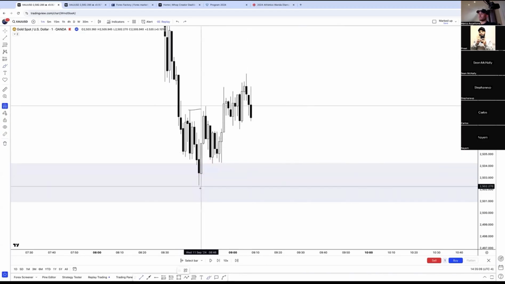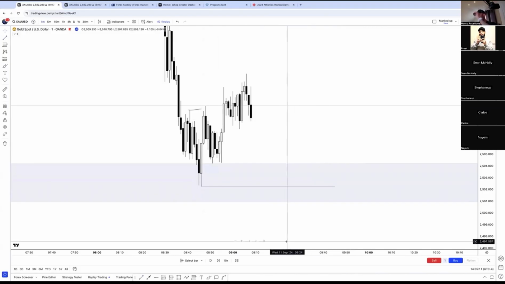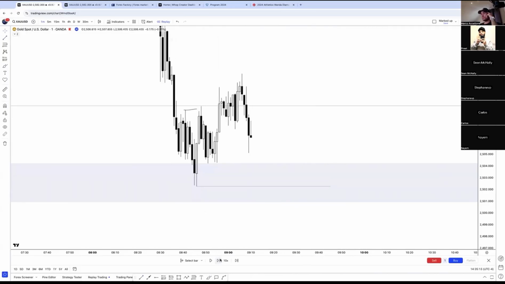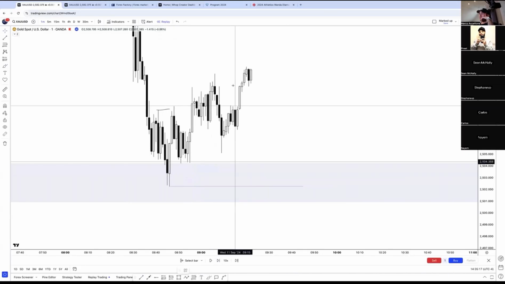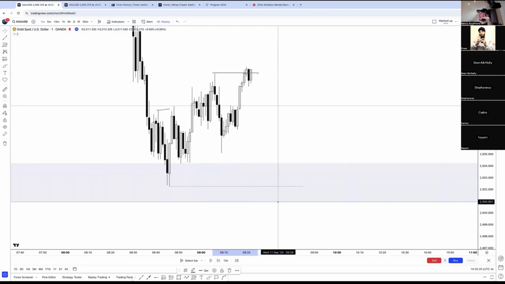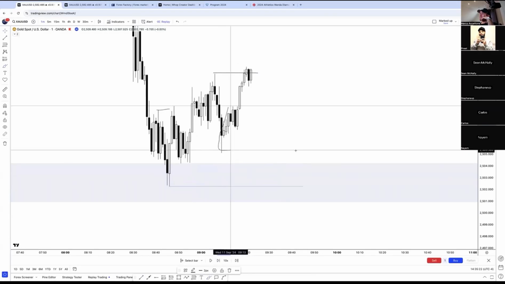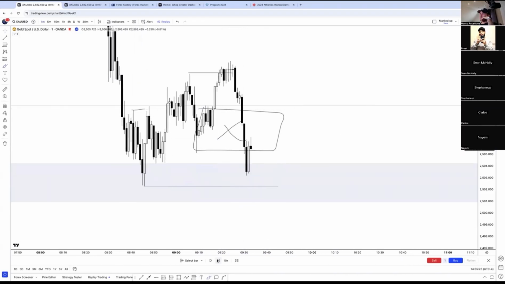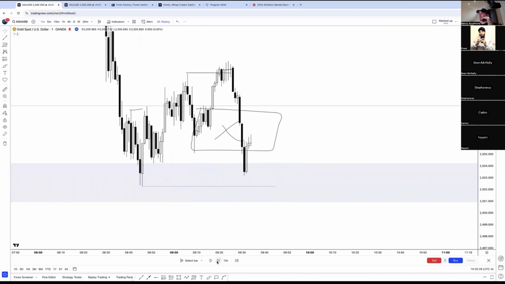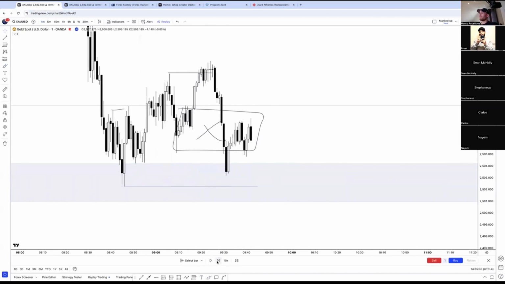Perfect. Now where's price most likely going to hunt for? The low. Look at that, we go higher again. This is going to be a trap. Trap the buyers. Look how we're most likely going to get a move now. Why? Because we just trapped buyers there.